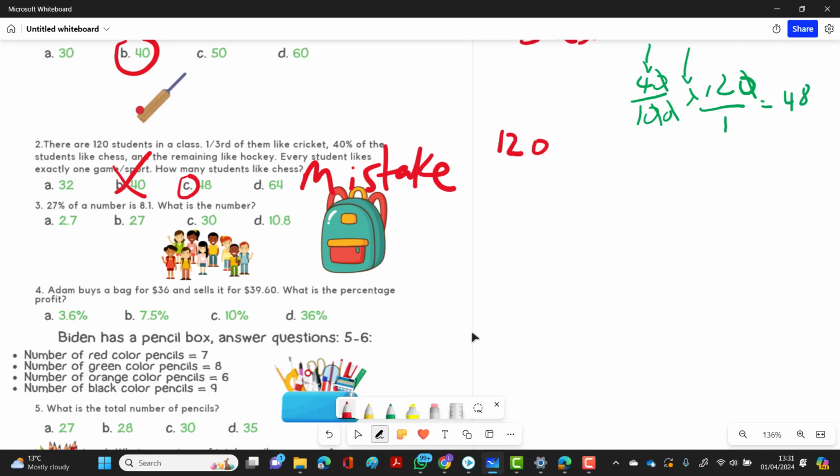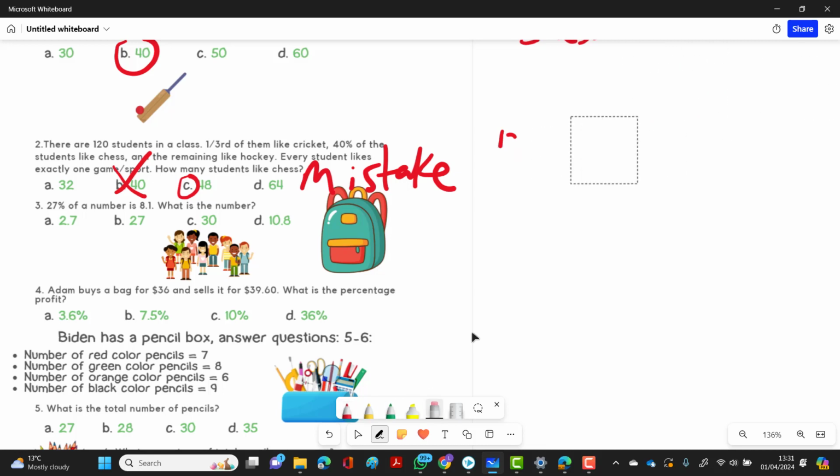27% of a number is 8.1. What is the number?